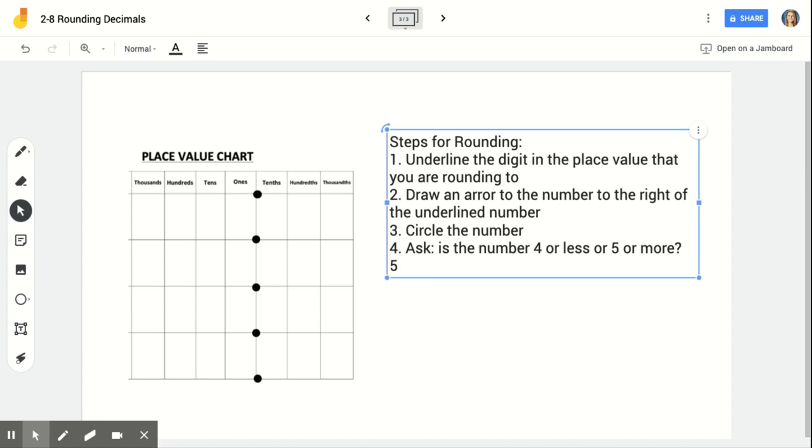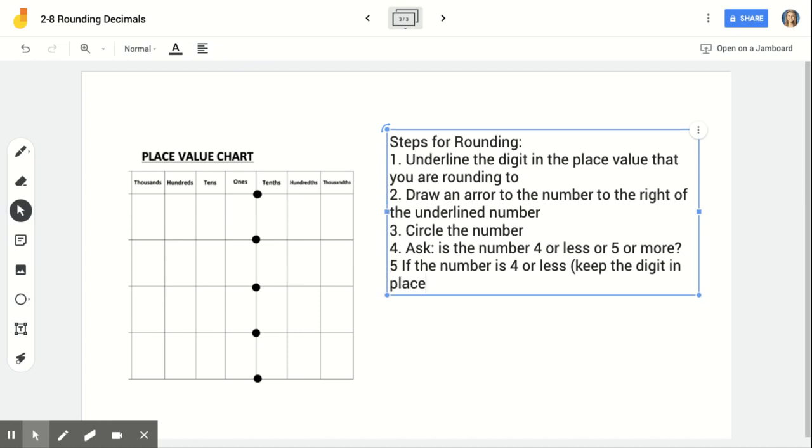If the number is 4 or less, you're going to keep the digit and the place value the same. Or let's say this, keep the underlined digit the same.